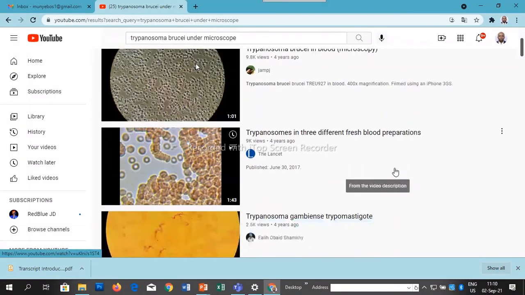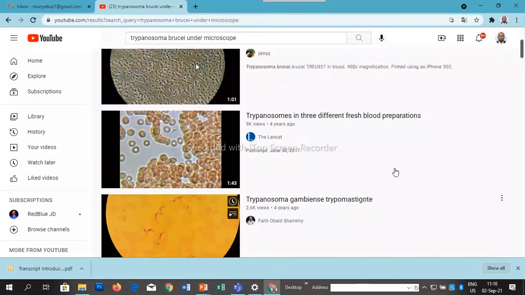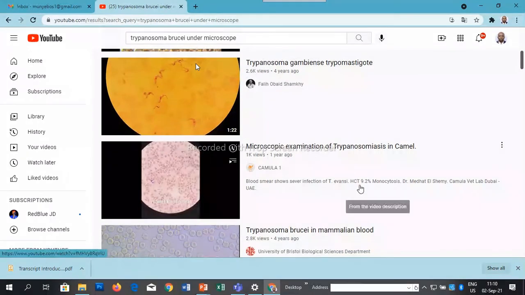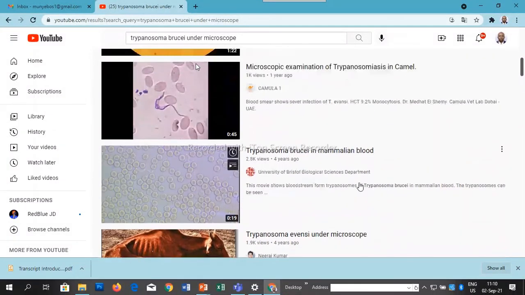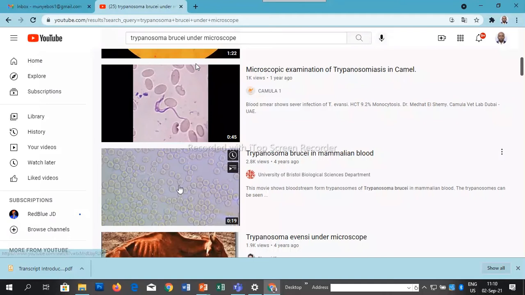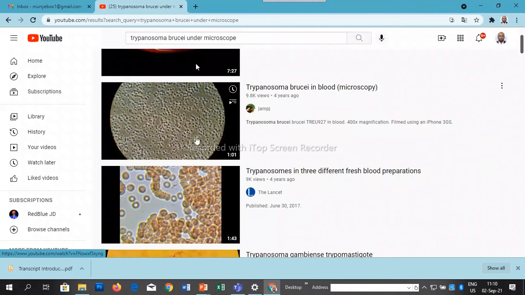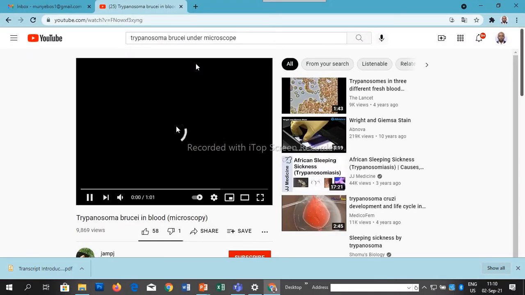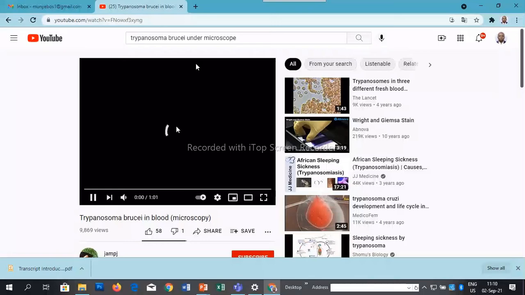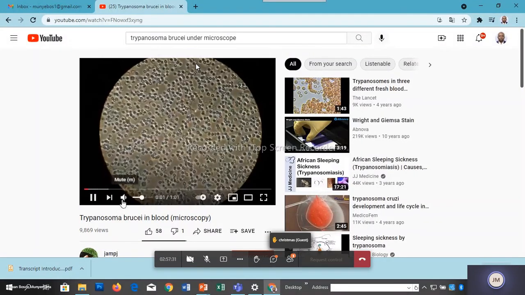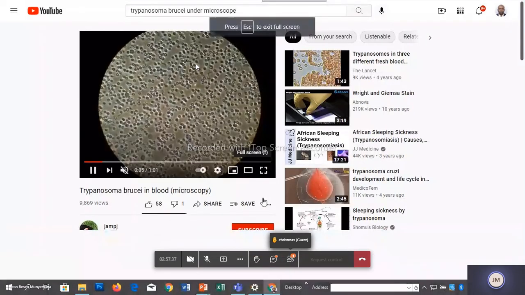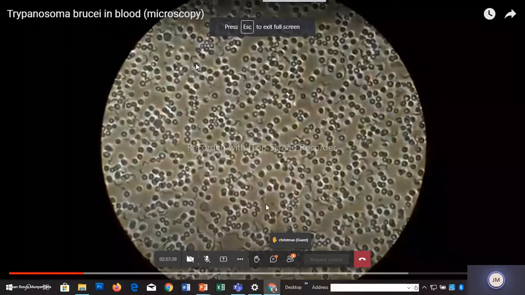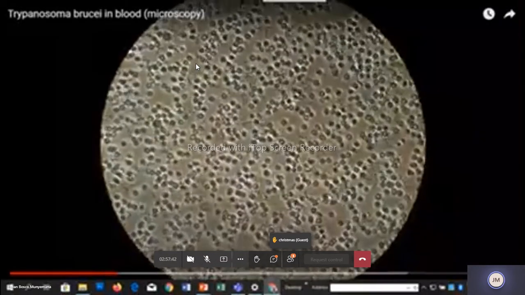Yes, we can see them on a stained smear, but they can also be seen on an unstained smear as live parasites. Like this is unstained blood. You just take a blood sample, put it on a slide, and after putting it on the microscope, you will see things like this. Do you see them? Moving things.